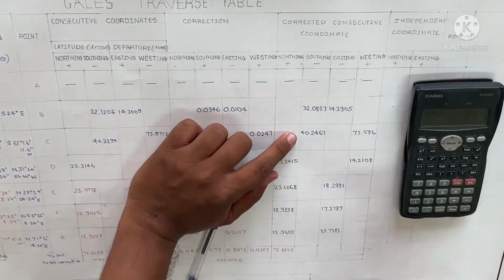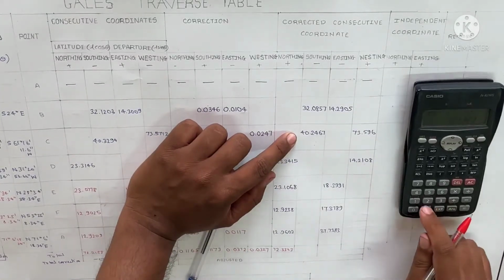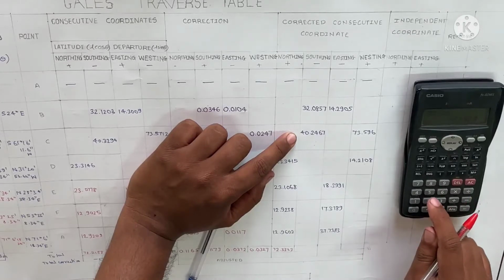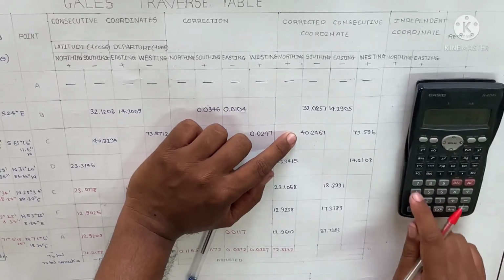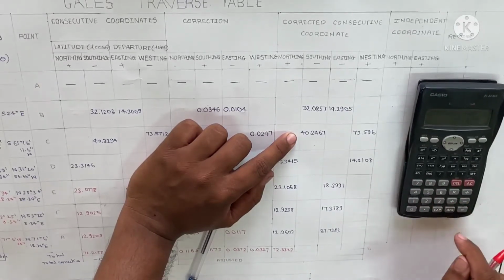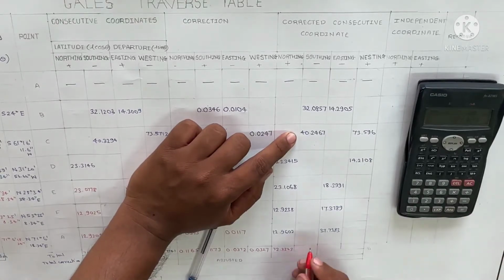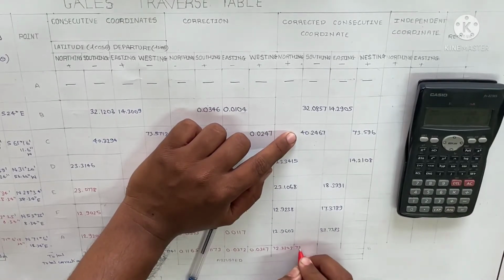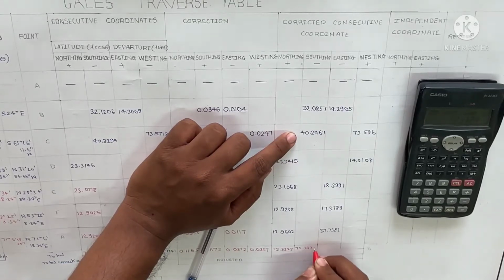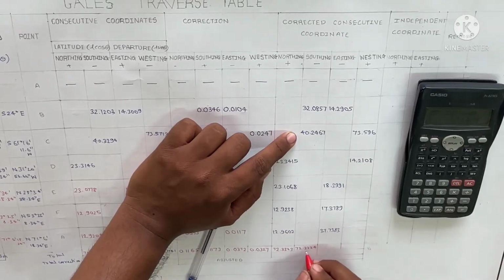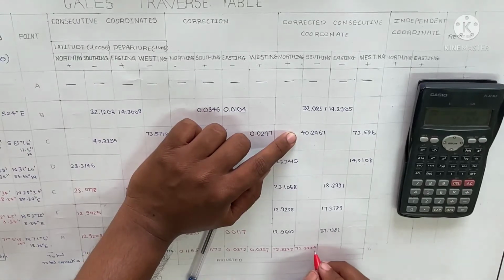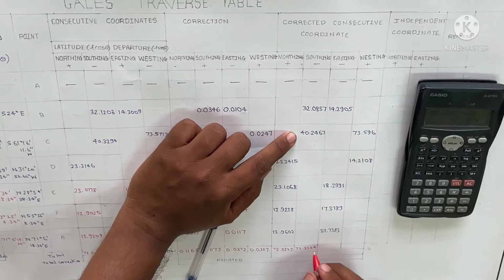So we can check that it is up to the mark, they are now equal.